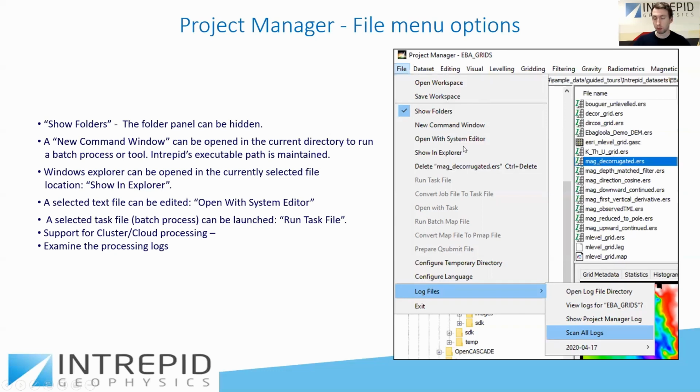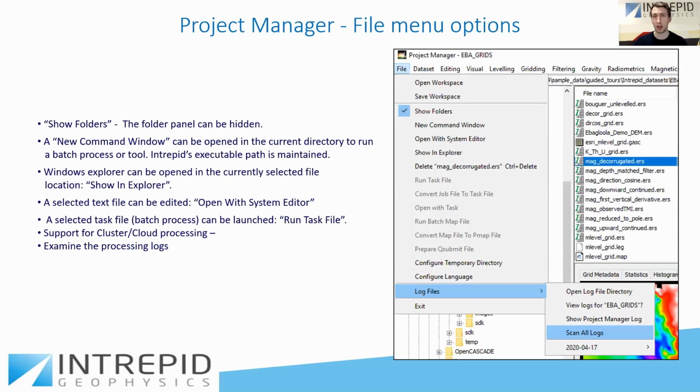When you're doing batch processing with Intrepid's tools, you can open up a new command window, and this command window will have the path set to the currently selected directory within your directory structure. This can be really good instead of having to redefine a path every time from a command window opened just in Windows.